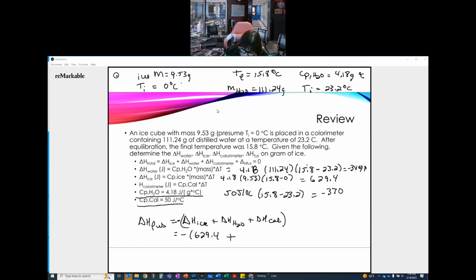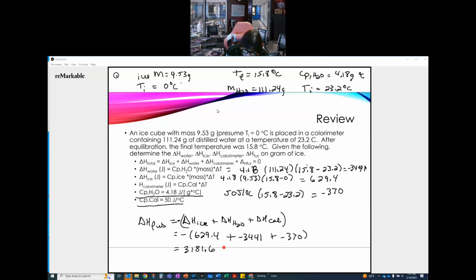We add the delta H for the H2O, negative 3,441, plus the delta H for the calorimeter, the negative 370, and that gives me 629.4 minus 3,441 minus 370. And then I take the opposite of that because that sign has to change. 3181.6 is what I get.